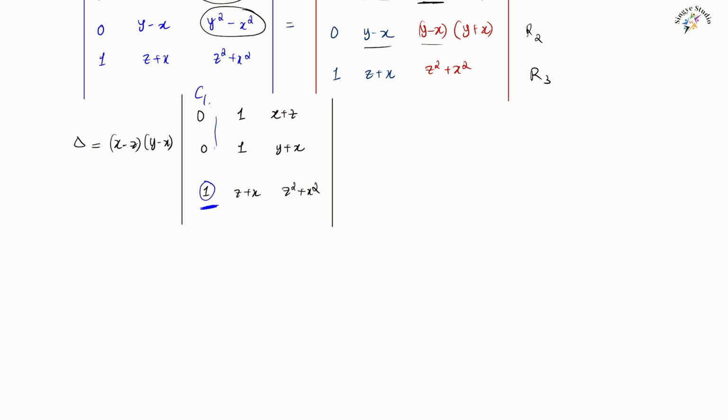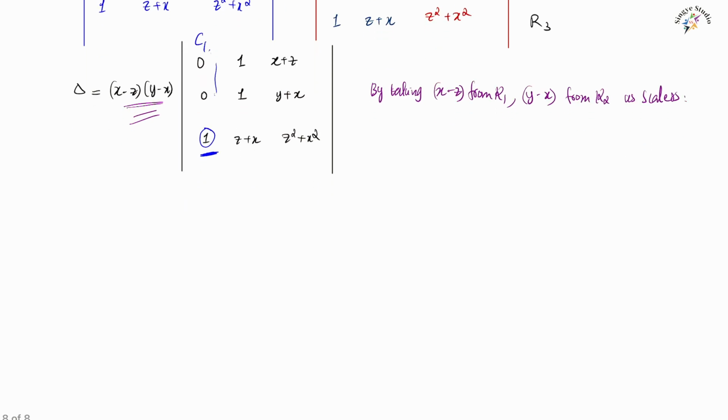So it will be very easy if we expand through column 1, right? Here, by taking x minus z from row 1 and y minus x from row 2 as scalars, we got this.